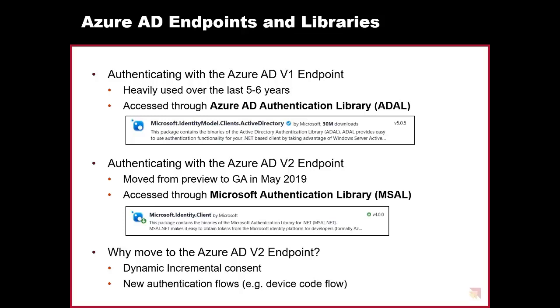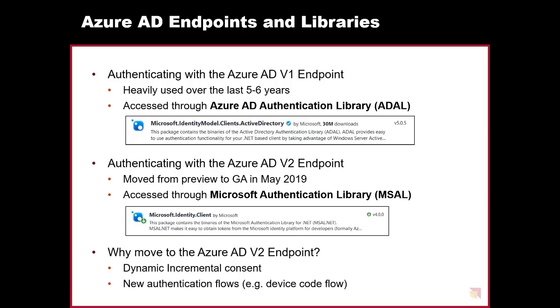So there is the one library that we've been using for a while. It works with the V1 endpoint, which is Microsoft.IdentityModel.Clients.ActiveDirectory, what people refer to as ADAL. Okay, that's the old one. Many of you probably use that, but that's not the one on the test. So when you want to start programming against the Azure AD V2 endpoint, we use the newer library, the Microsoft Authentication Library, MSAL.